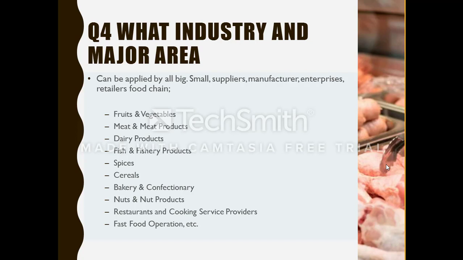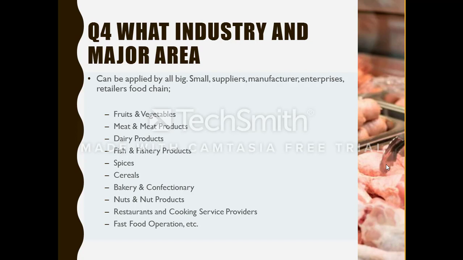Usually all food related industries can apply HACCP, whether you are dealing with fruits and vegetables, meat or meat products like sausage and burger, dairy products, milk, egg, fish or fishery products, spices, cereals, bakery and confectionery products, nuts and nut products, restaurant or cooking service providers, and also fast food operations and other areas that involve food.